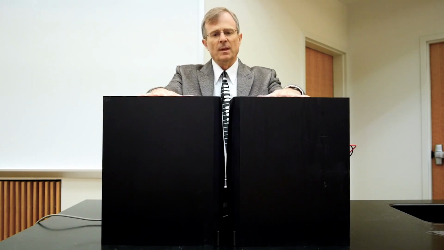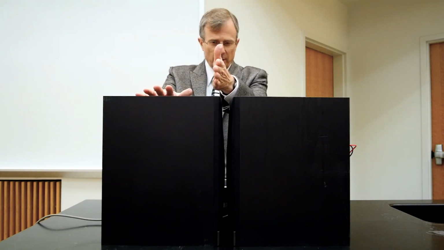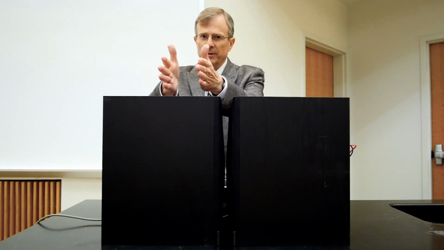Why is that? It's because this speaker is now out of phase with this speaker. This one moves out away from itself. At the same time, this one moves in. And so they're moving back and forth this way, and they don't push as much air around.